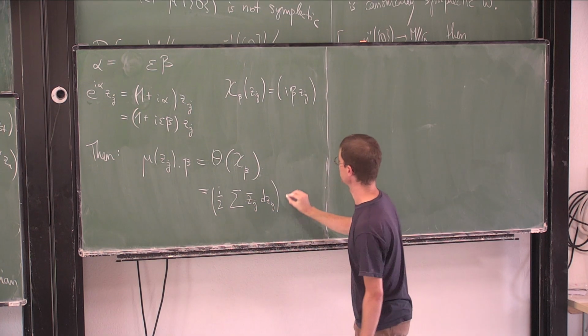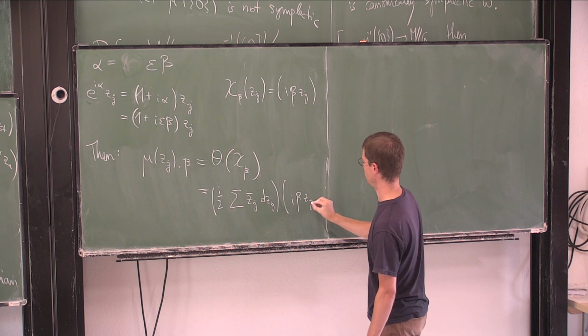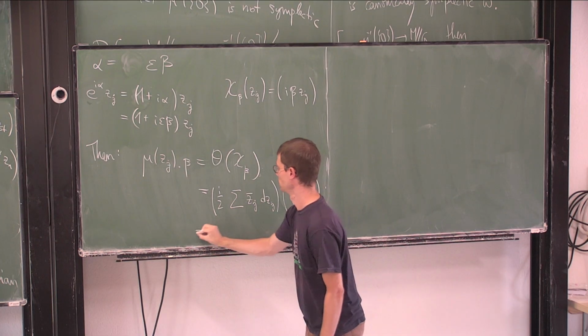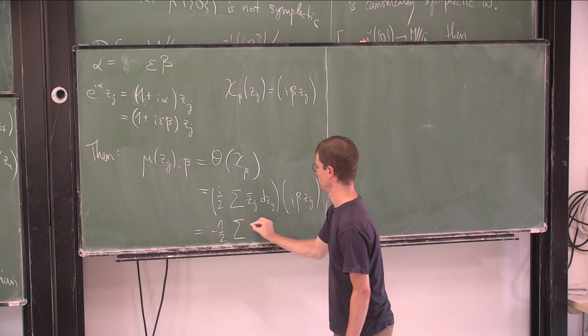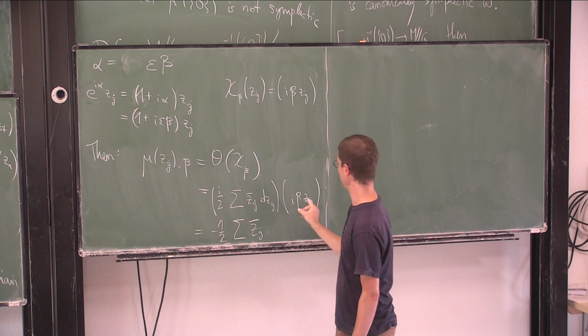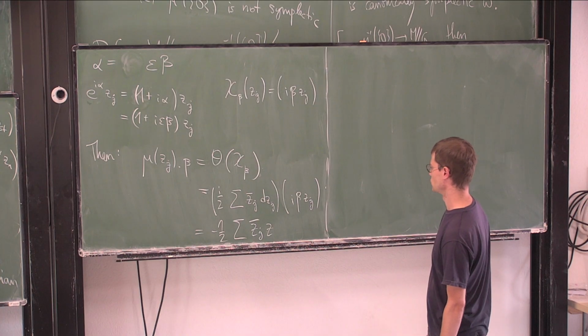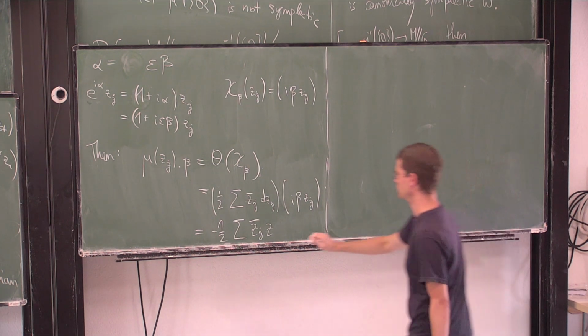You apply this to i beta z_j. So you just get i beta, and i times i is minus 1, so minus 1/2 sum z_j bar z_j. Oh, sorry, beta, of course.